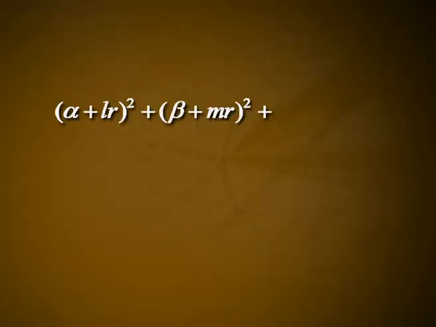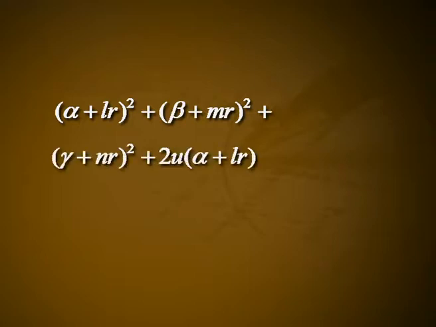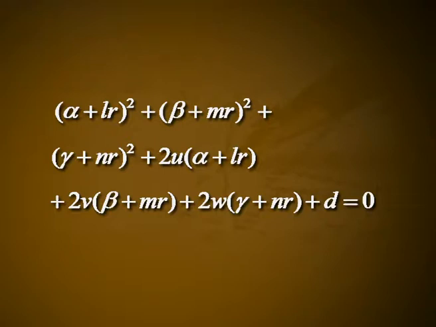If it lies on the given sphere, we have (α + lr)² + (β + mr)² + (γ + nr)² + 2u(α + lr) + 2v(β + mr) + 2w(γ + nr) + d = 0.